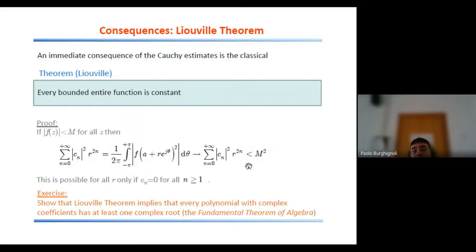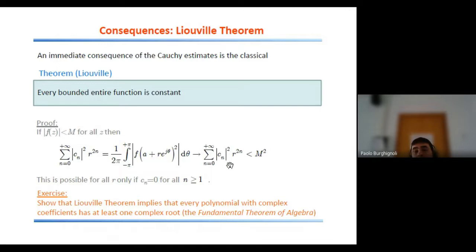But this is possible for any radius r if and only if all the coefficients of the power series are equal to 0, with the exception of the first one, that is for n equals 0, which means that the entire power series must be equal to 0 with the exception of its first term, which is a constant.